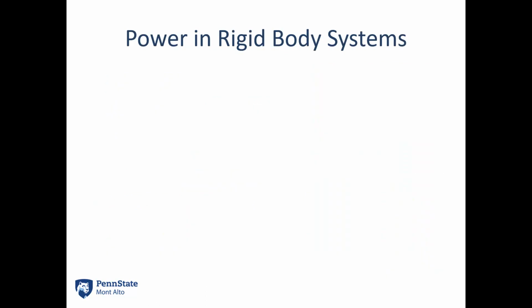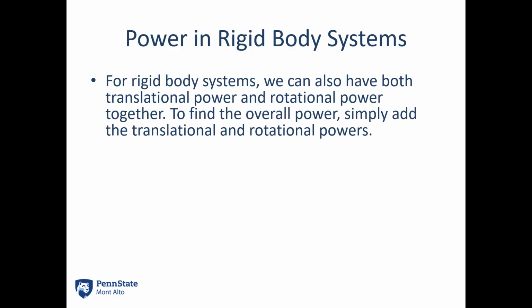All right, so for rigid body systems in general, we could have rotation like we've been talking about, and that's pretty common. But we can also have systems where we have both rotation and translation happening at the same time. If that happens, power is simply the addition of the translational and rotational components of the power: force times velocity, moment times angular velocity, or any of the other definitions we had for these systems.